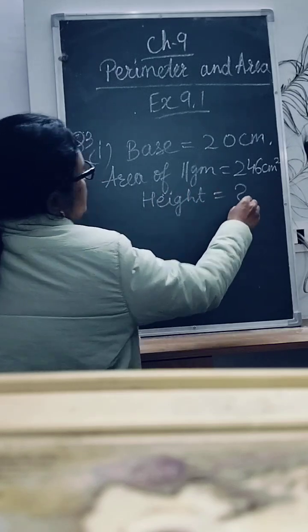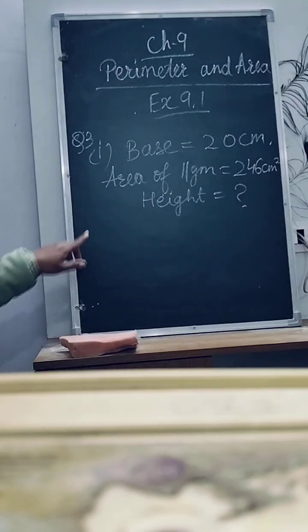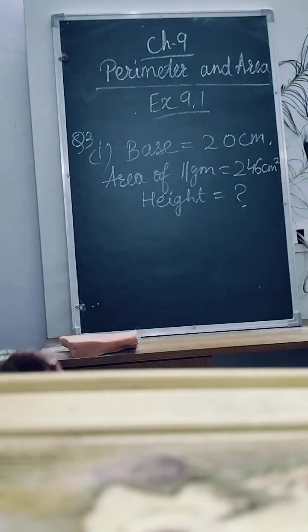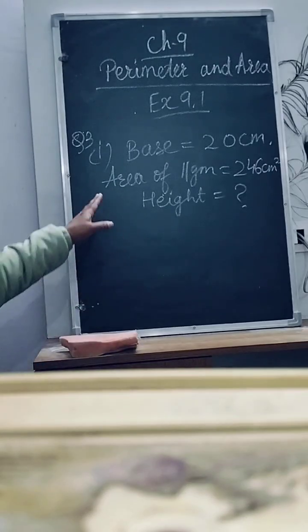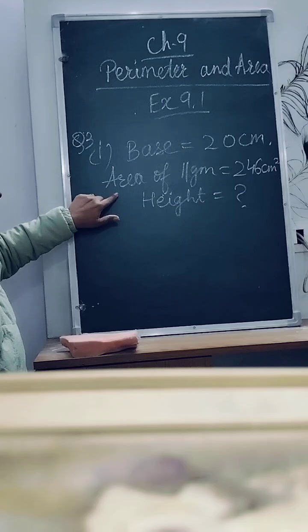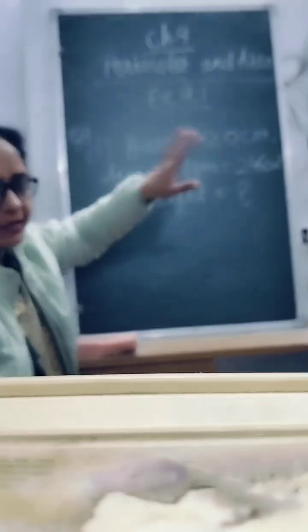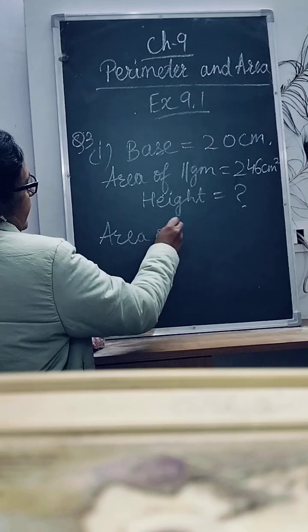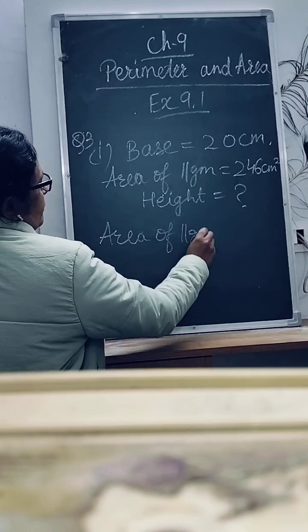Okay, students. So simply, first of all, what is given to you? Area of parallelogram is 246. Just as one single person can have two names, similarly you can evaluate this value using the formula. So firstly, let us simply write area of parallelogram.